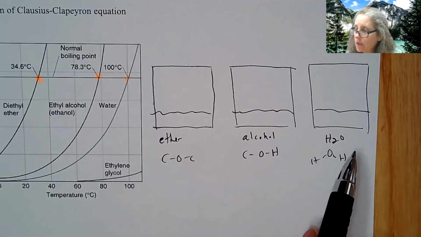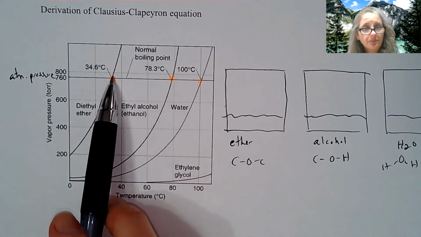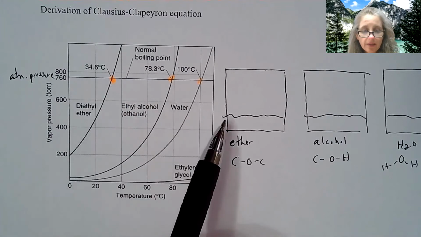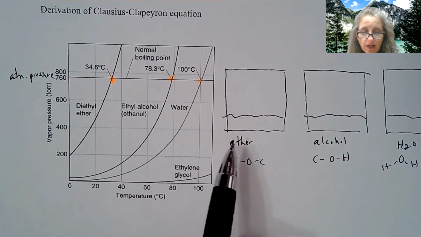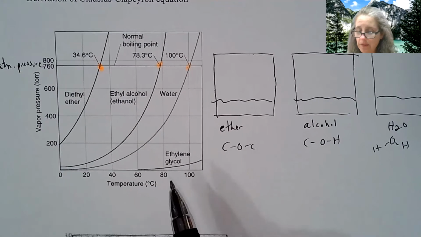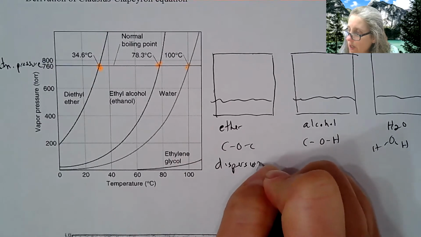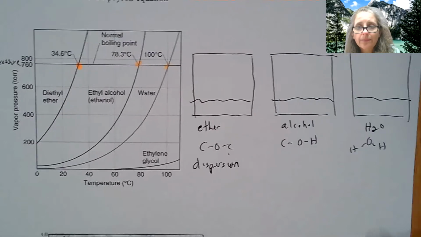So ether, alcohol, and water, what this graph is telling you is that ether has a very high vapor pressure as you keep increasing temperature. So it has what we call weak forces. The only thing this has is probably dispersion forces in the molecule, okay?